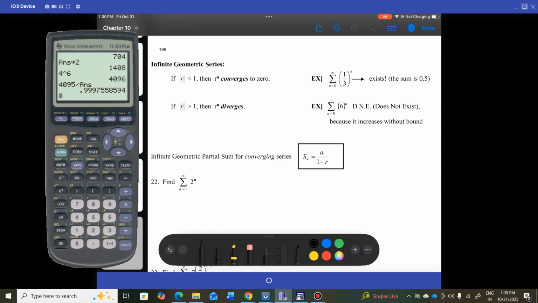And so for the summation of 1/3 to the n, 1/3 is less than 1, so it's going to converge to a certain number. And for the summation of 6 to the n, 6 is greater than 1, so it's going to diverge, which means that you won't get a sum when it goes to infinity, and it's going to just increase without bound.